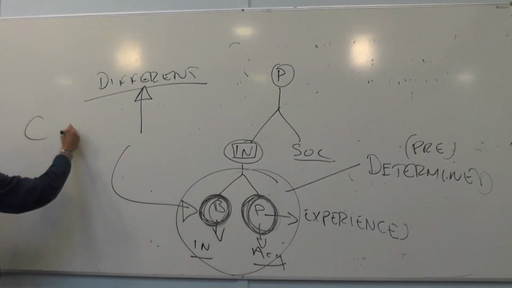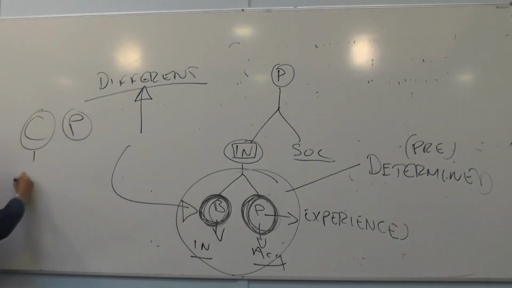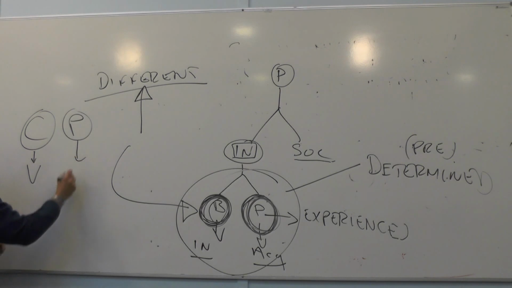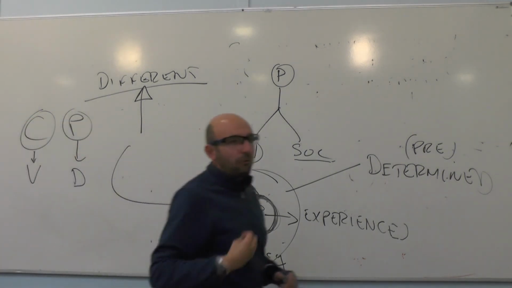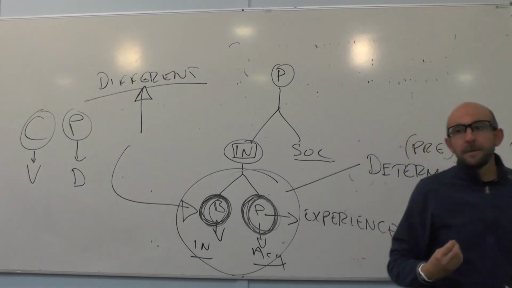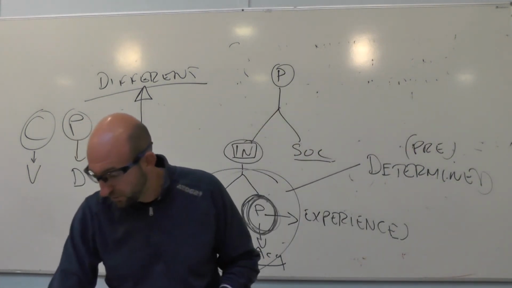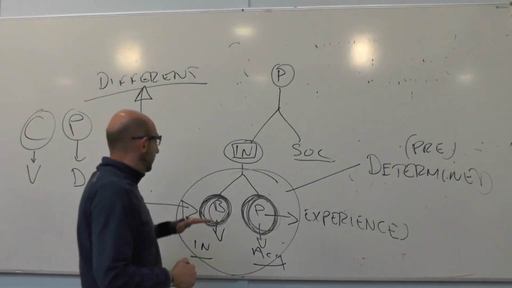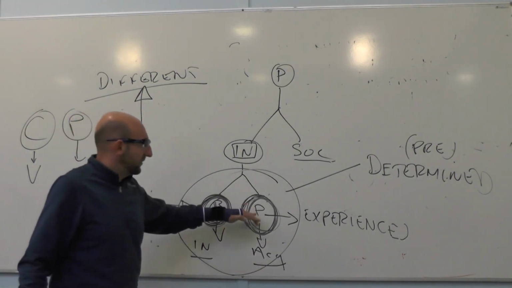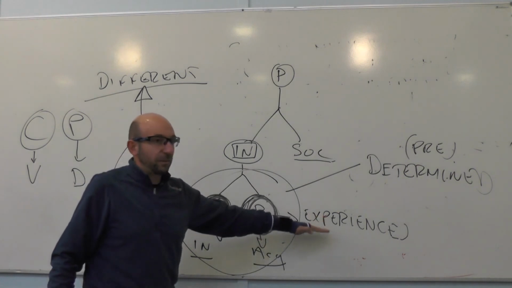So classicism, positivism. Classicism is about voluntarism, people make a choice. Positivism, on the other hand, is about determinism. So criminality is not a free will, rational choice. People commit crime because they are predetermined to do so, either because of defective biology or defective psychology or defective experiences.